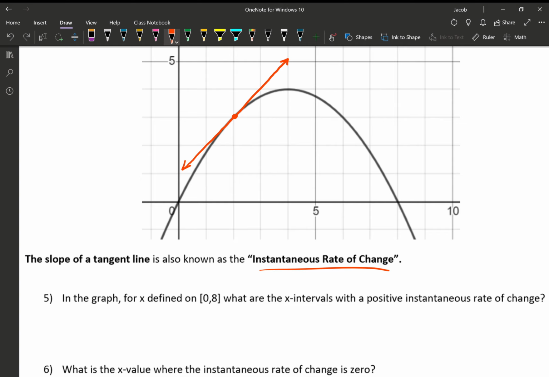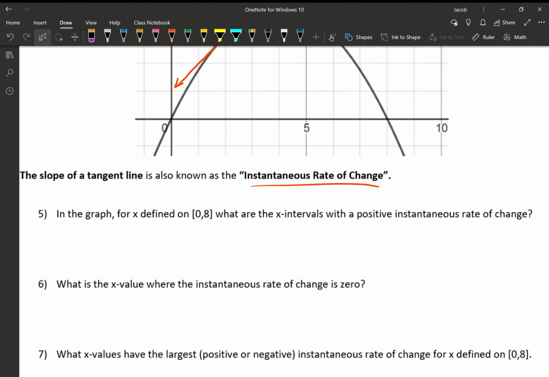So if we want to know specifically what a rate of change is on the function, then we have to just take the rate of change at a single point. So that's why the tangent line is the instantaneous rate of change. We're going to compare that to the average rate of change here in a second, and I'll show you why the tangent line is much more powerful.